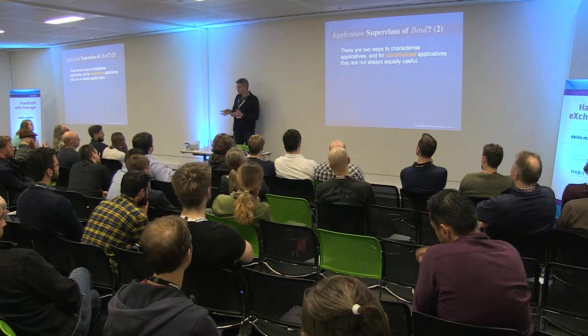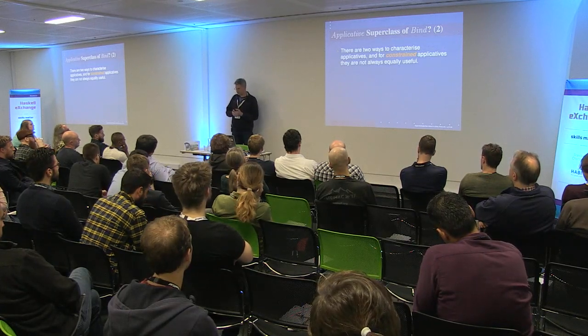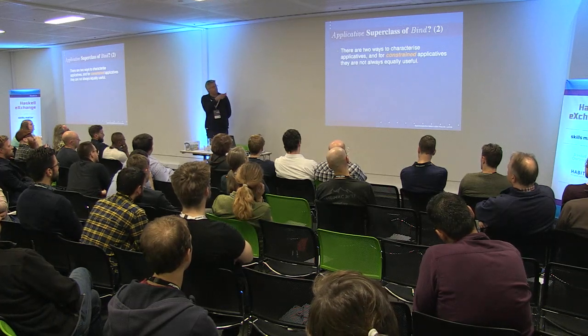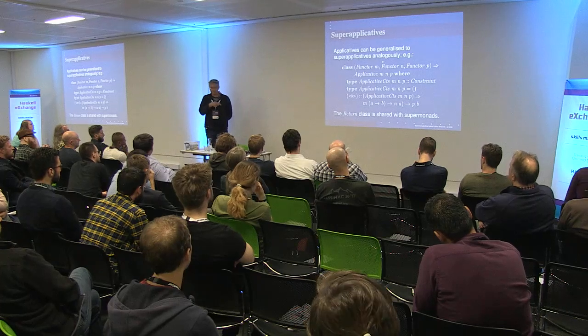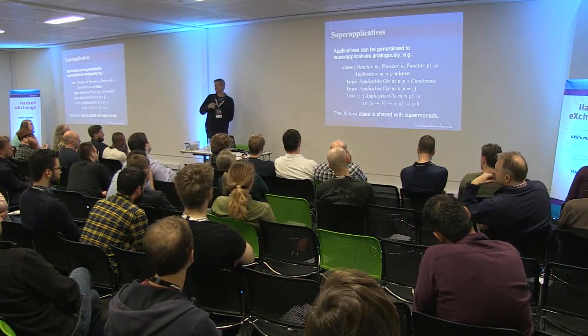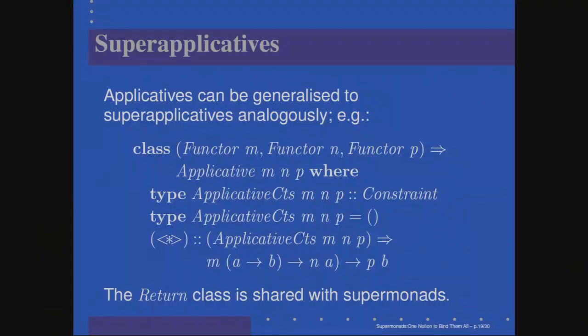But we certainly don't want to force them to use one or the other by making one of them the superclass of monad. So we didn't. But of course, it is the case here that we have a shared notion of return between applicatives and monads. So in that sense, it's like what we right now have in Haskell, where return is just another name for pure.